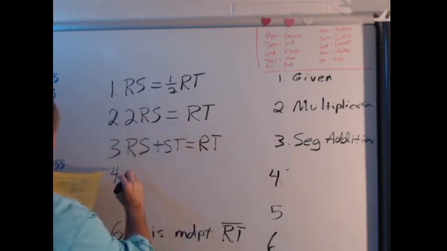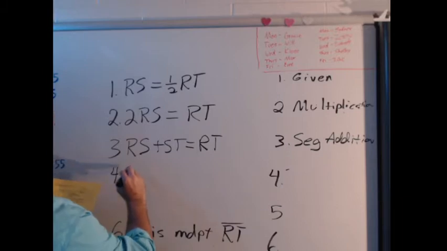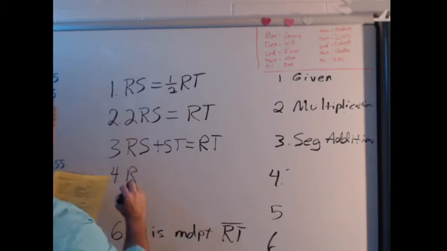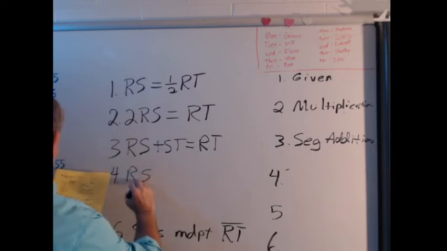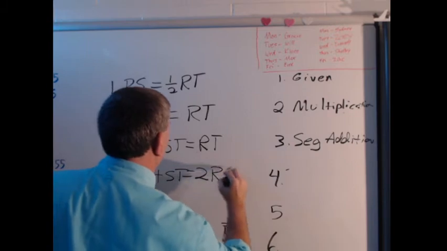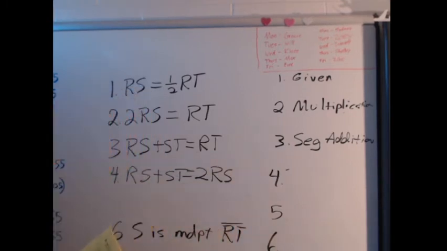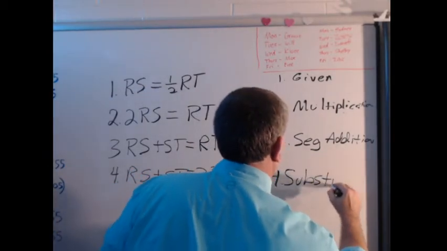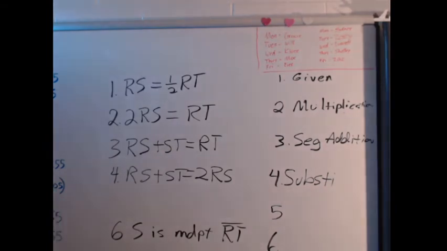So now I can say that, if we keep it the same, RS plus ST is equal to 2RS. Okay? And that's just substitution. Okay, and I'm abbreviating here so that this is not so long.